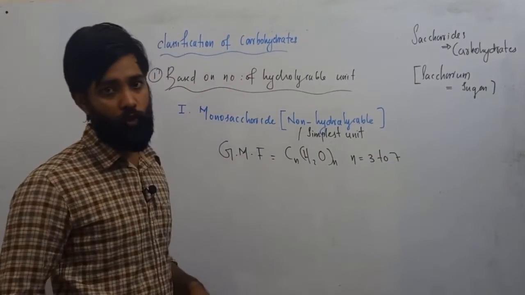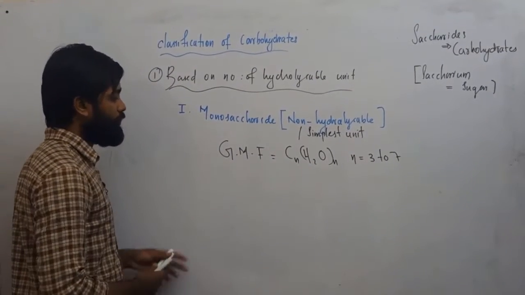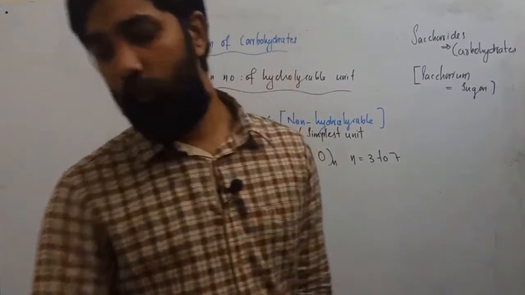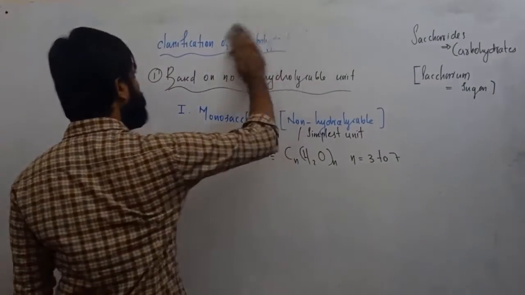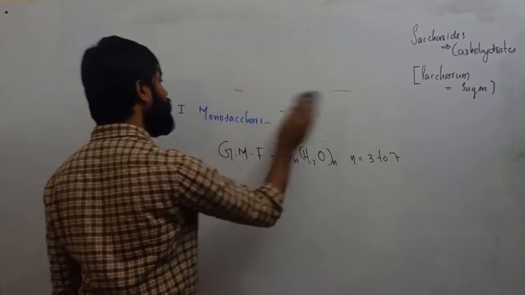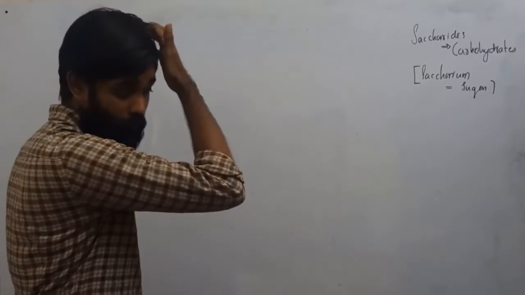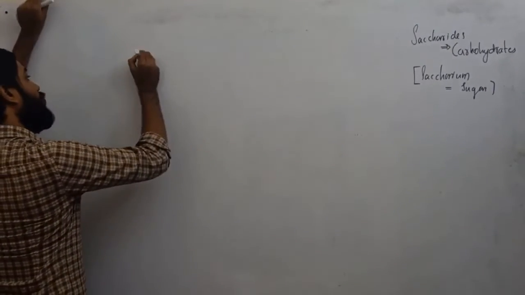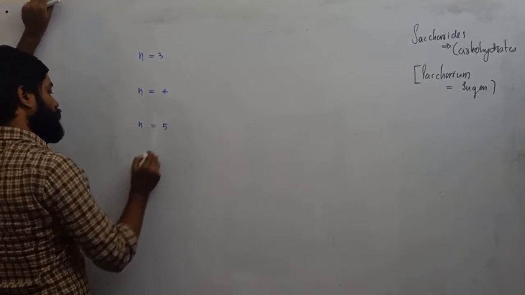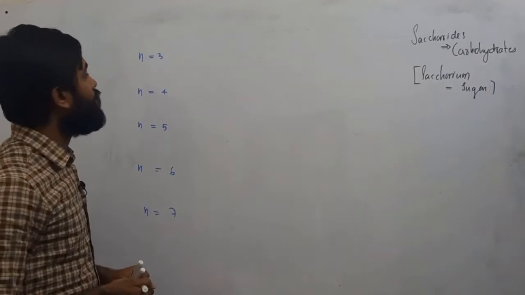Based on the category of 3 to 7, we can classify the carbohydrates, which means the monosaccharide is further classified into different units. If n equals 3, 4, 5, 6, or 7, then let's check what the categories are.